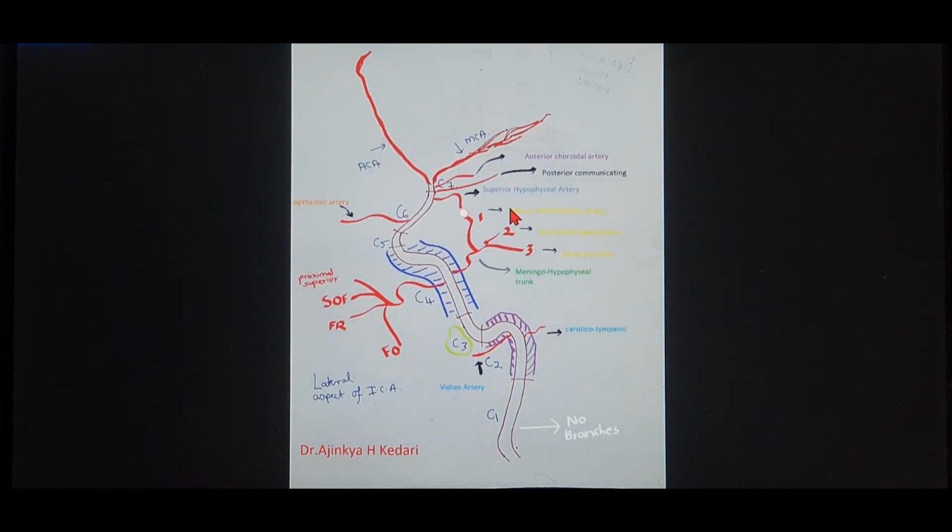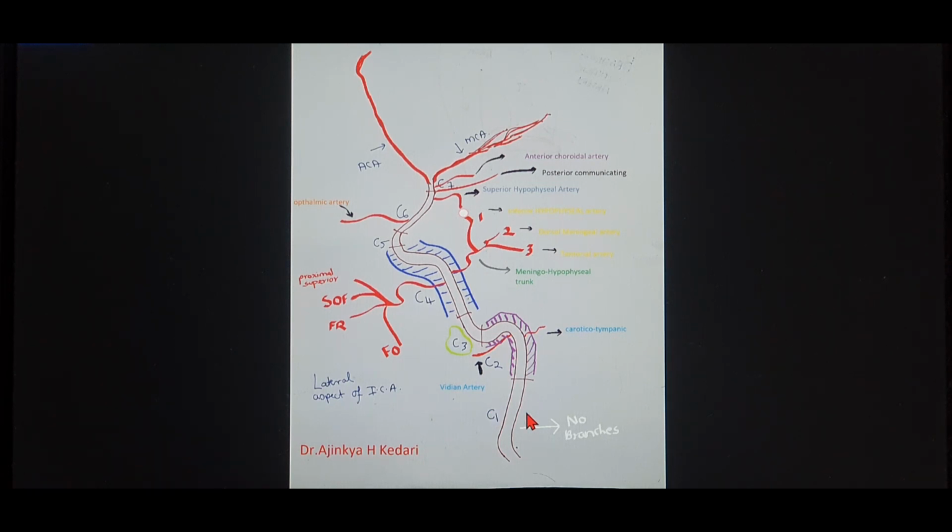Now, the final thing which you need to understand in the clinical and surgical anatomy is the branches of the internal carotid artery in each segment. In each segment you can see these branches arising. The C1, as I said, which is the cervical part, has apparently got no branches at all.